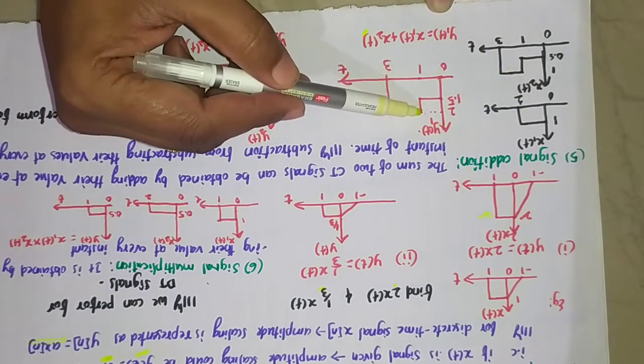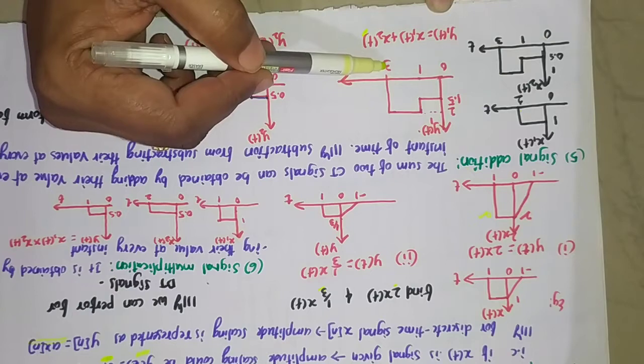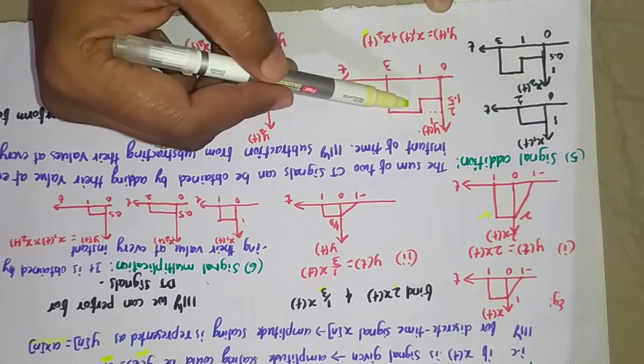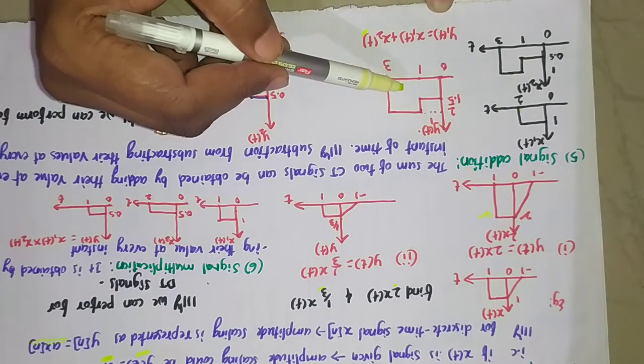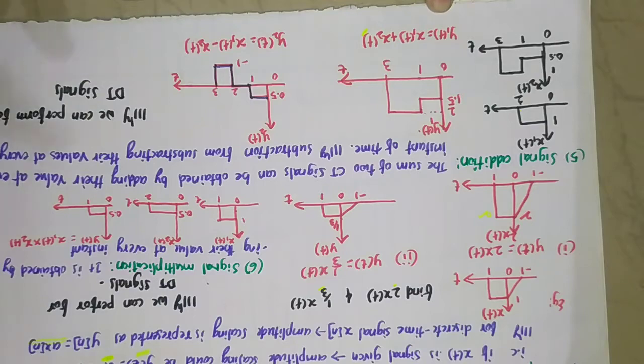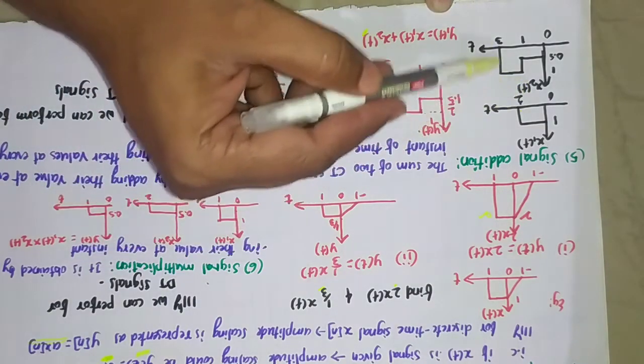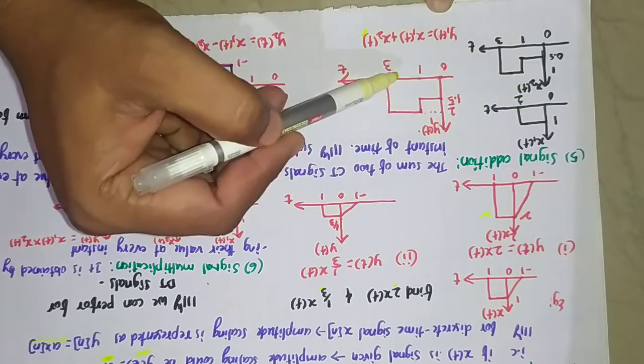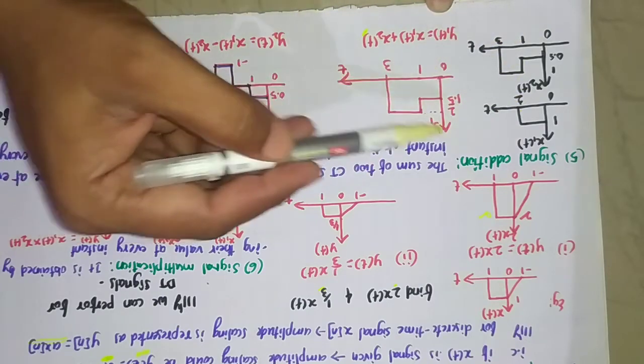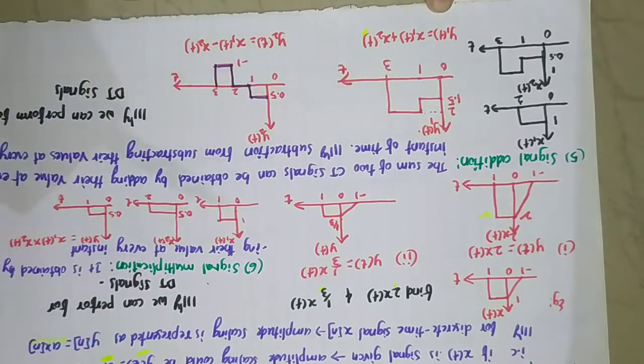So 2 will come from 1 to 3. So this is how the signal addition will be done. This is one type of operation related to amplitude. You can see here also we are not changing any of the time things. Time related things are the same, only the amplitude is changing.